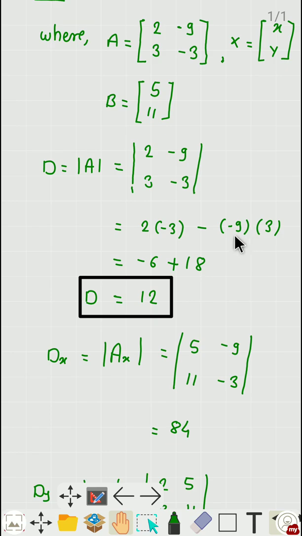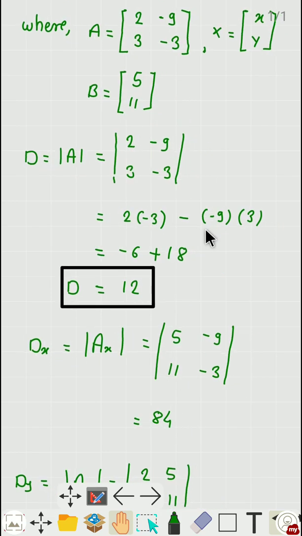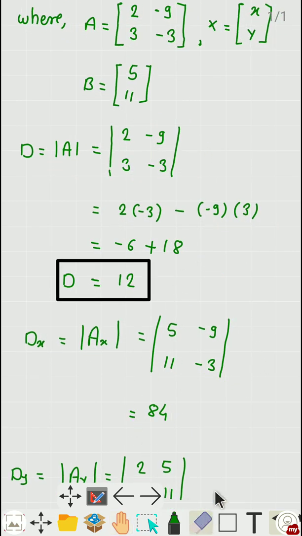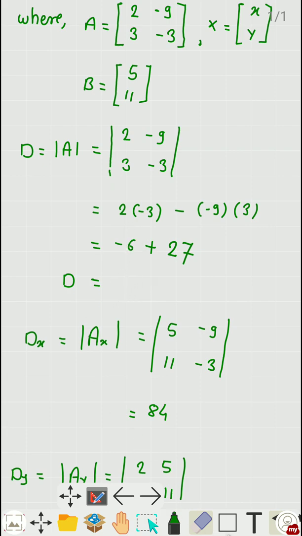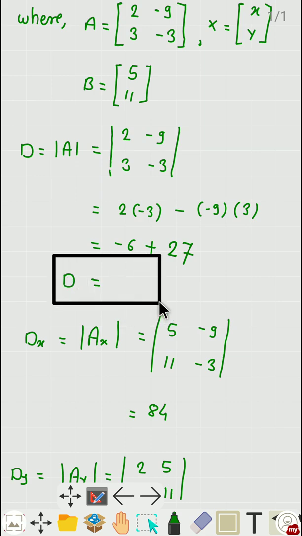So here is a mistake, I think. So let us correct this now. So this will be 27. Okay, 9 into 3 is 27, and here it will be 21.